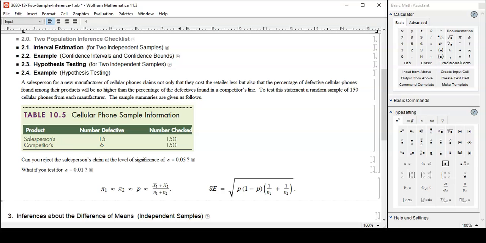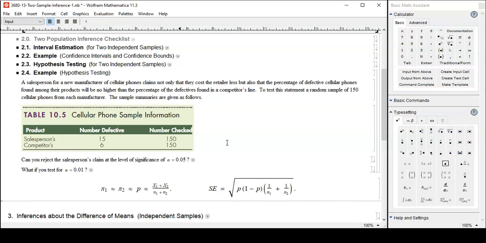All right, a salesperson for a new manufacturer of cellular phones claims not only that they cost less, but also the defective ratio is not too bad, about the same, basically. But of course, the sample study is telling otherwise, apparently.